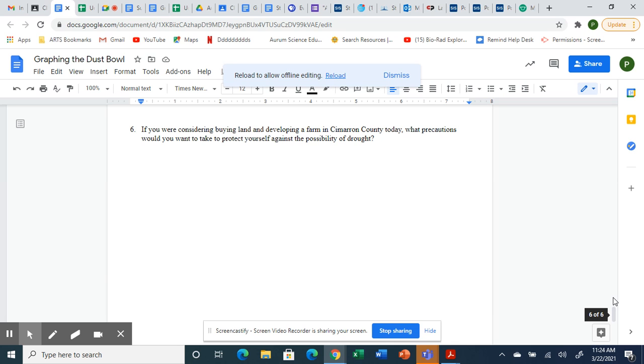So this area has a history of drought. But I also believe there's a huge underground aquifer, so let's look that up. Do you know what an aquifer is? In Oklahoma.